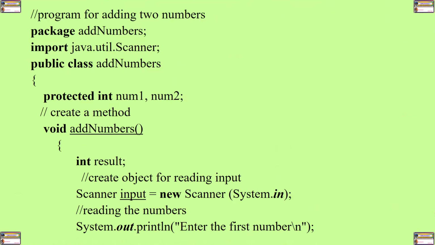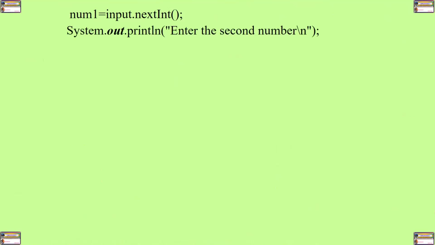The text, enter the first number, will be displayed on the screen, and the cursor will blink below that statement, waiting for entry. And then the user types a value. That value is supposed to be of type integer. And therefore, the method for reading values of type integer, which is nextInt, will read that value through the object called input, and the value will be stored, or assigned, in the memory location called num1.